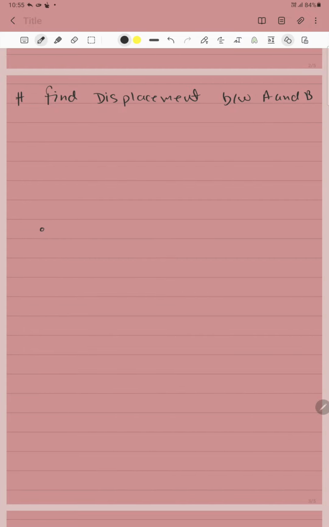Okay, so the first question is like this. Suppose a person starts from point A, goes like this, right? Then this and then stops here, a straight line it is, right? Suppose this is point A, this is point B, this is point C, this is point D, right? And this is 10 meter, this is 12 meter and this is 6 meter. If I ask you to find displacement, then always follow simple rules.